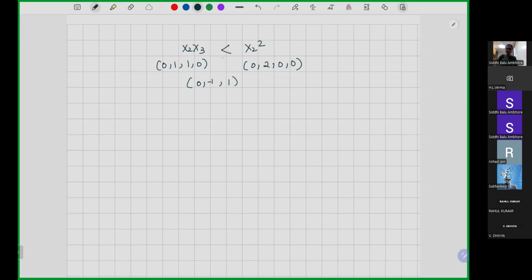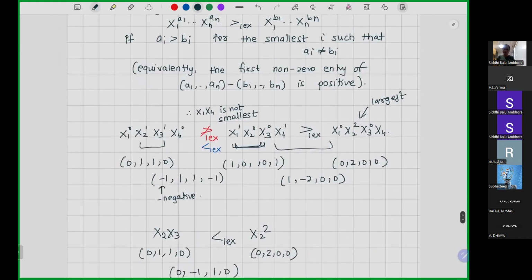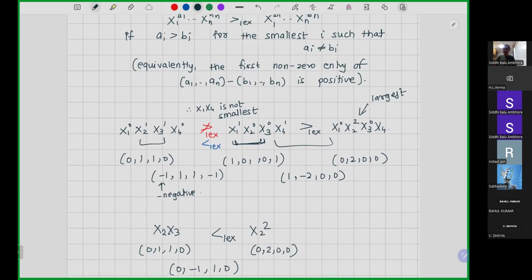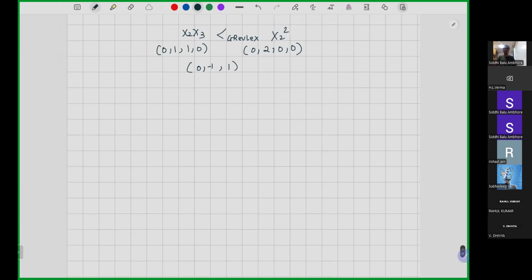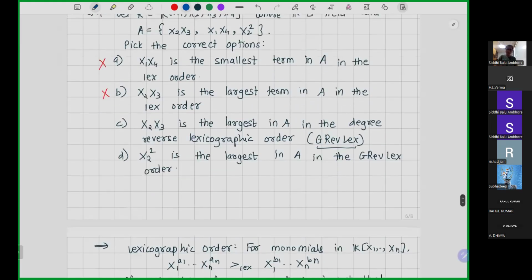So we have this with respect to g revlex. Okay, so x2 square is the largest. Even here we got that x2 square is the largest, and here x2 square is the largest. Okay, is it clear? So this one is false because x2 x3 is not largest. So this x2 square is the largest one.